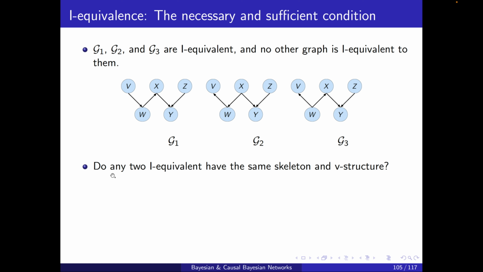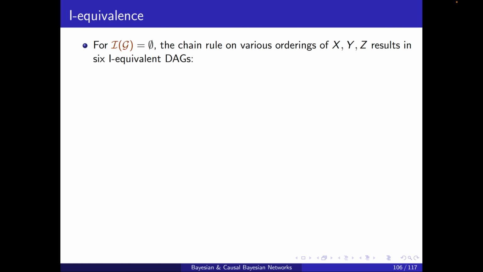So then the question is, do any two I-equivalent graphs have the same skeleton and V structures, so that I can extend the proposition to a necessary and sufficient condition? And the answer is no. Here's an example. Consider the three random variables x, y, z so that there is no conditional independence imposed on them, I of G equal to empty.